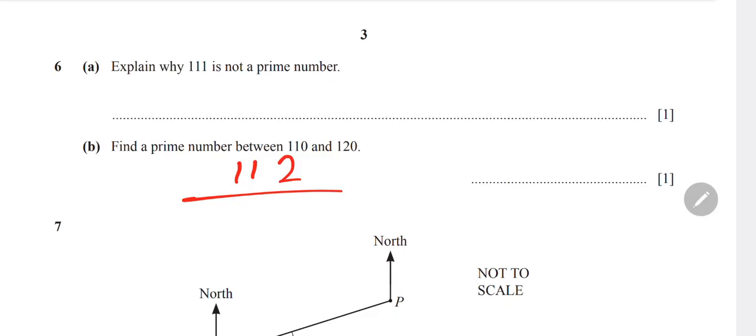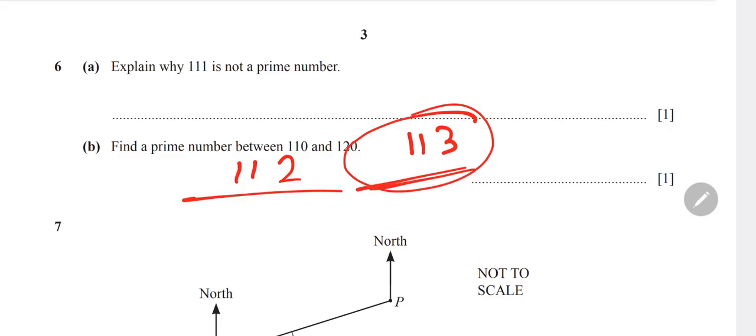Okay. Second, 110 is given. The next number is 111, which is not prime. Then 112, even. 113: is there any number that divides 113? I think no number divides it.